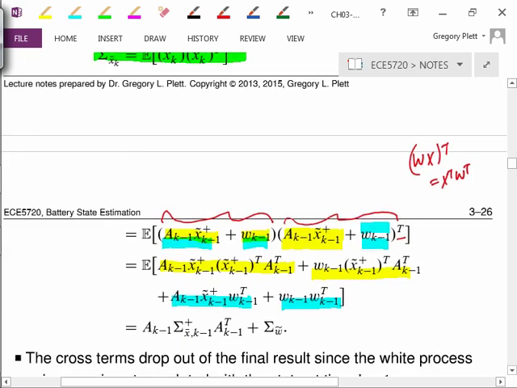Now there's a few lines missing here, which I think I will do on this side, at least this one time.